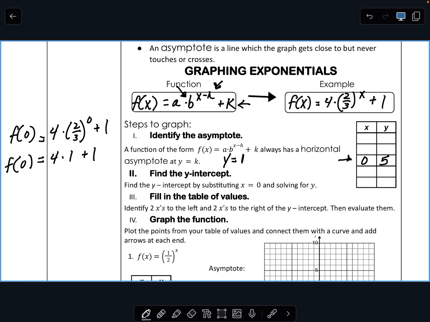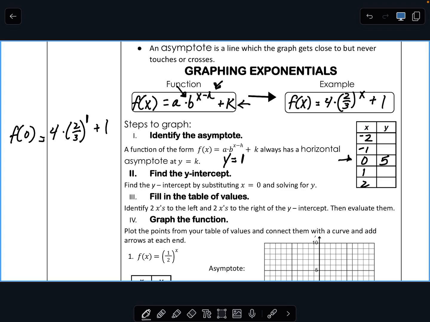And then remember, you're going to go to the left, -1, -2, and to the right, 1, 2. And then you're going to take those x values and put them in your function rule. So we'll start with 1.